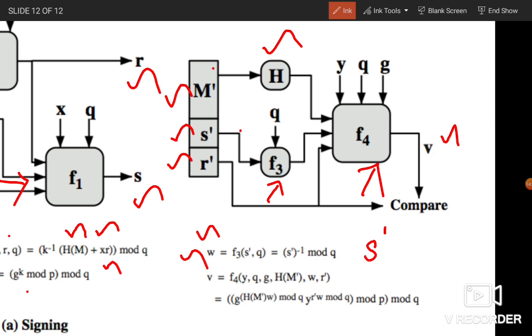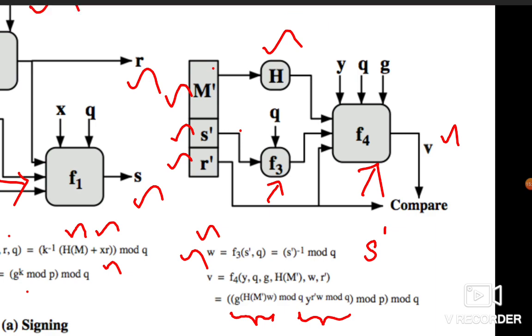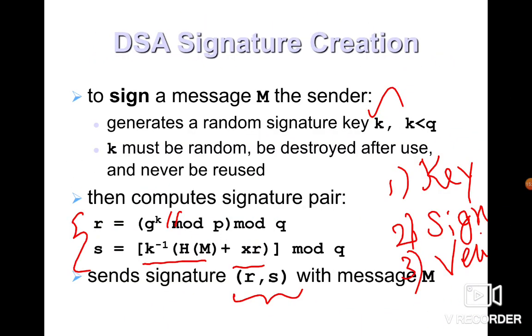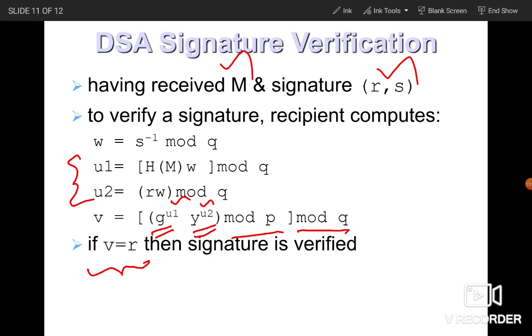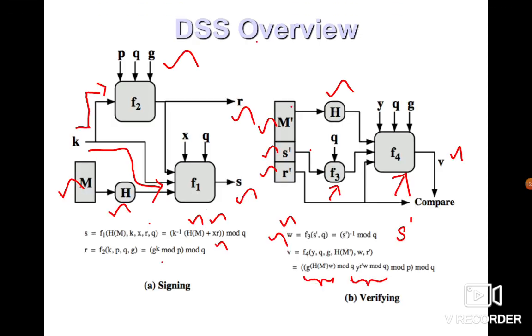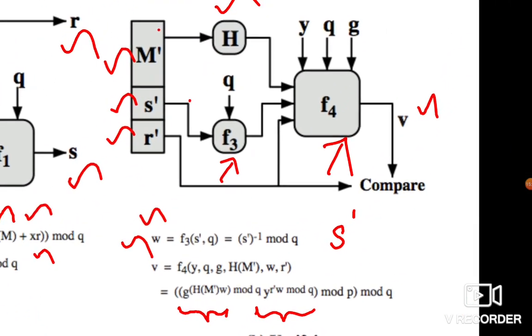So now we have to calculate the signature component V. Okay, so the formula for V is G power U1, Y power U2 modulus P modulus Q. So that is this one. What is G power U1? U1 is H of M into W modulus Q. Okay.